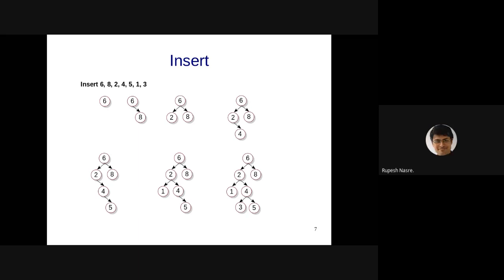So that's an important point, that we have to always start from the root. Why? Because during searching, we want to take advantage of this property. See, the binary search tree, we said, has to follow this property that all the values in the left subtree are going to be smaller and all the values to the right are going to be larger. So if we insert 5 as the left child of 8, at 8 that property is satisfied, but at 6 that property is violated.